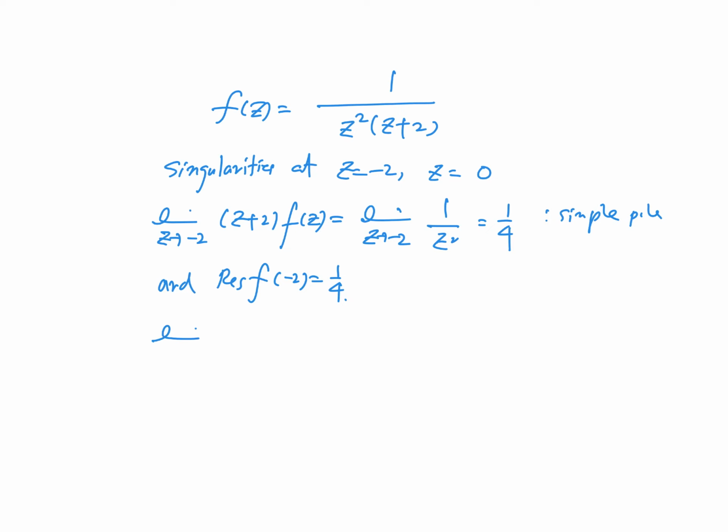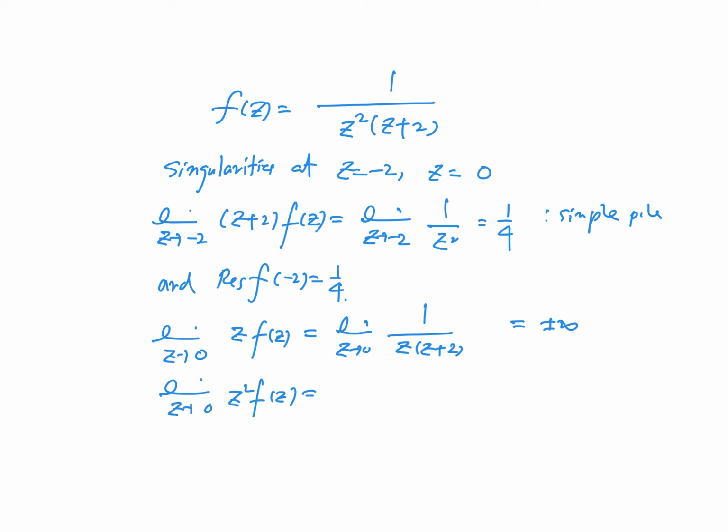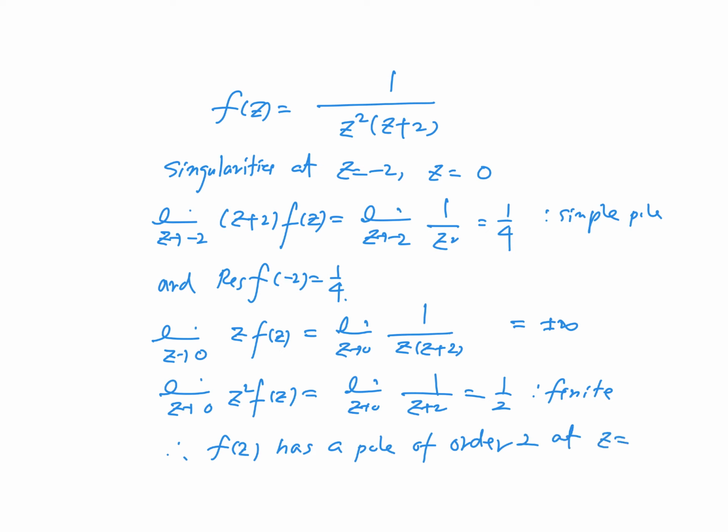However, z f(z) is still infinite, right? On the other hand, z squared f(z) is finite. So f(z) has a pole of order 2 at z equal to 0.